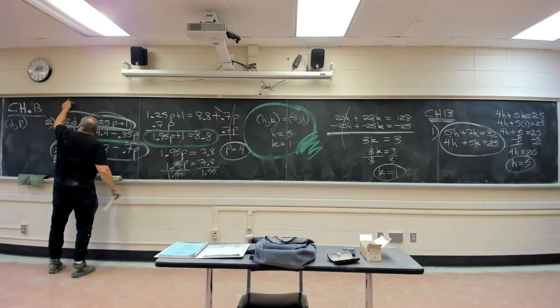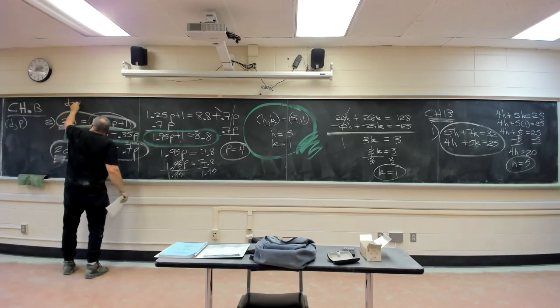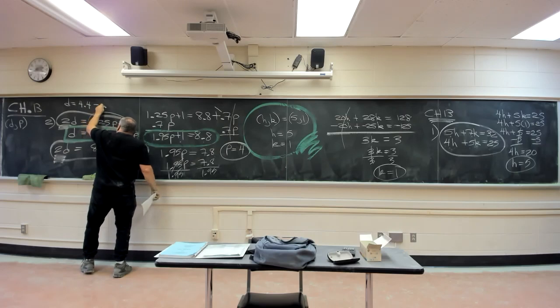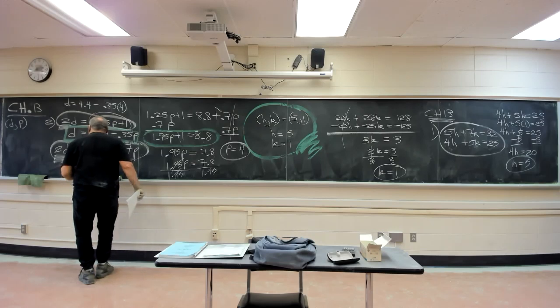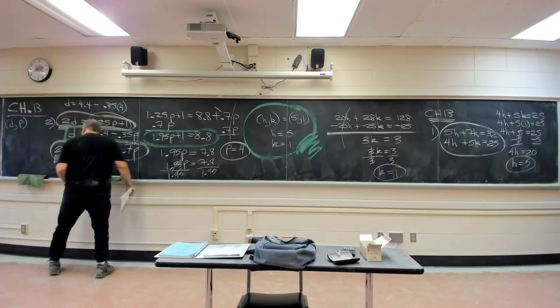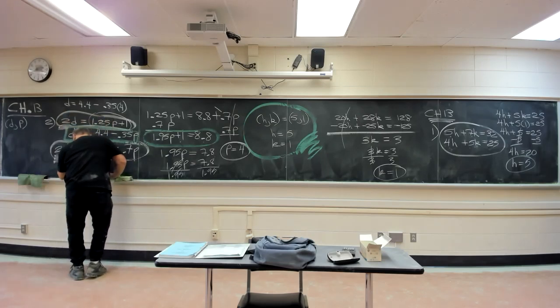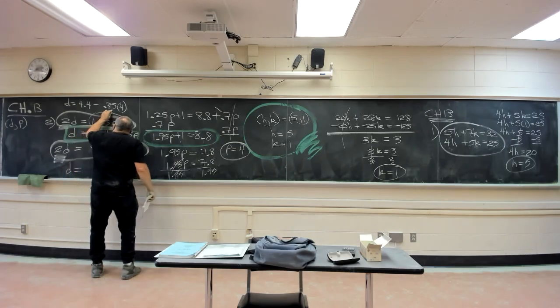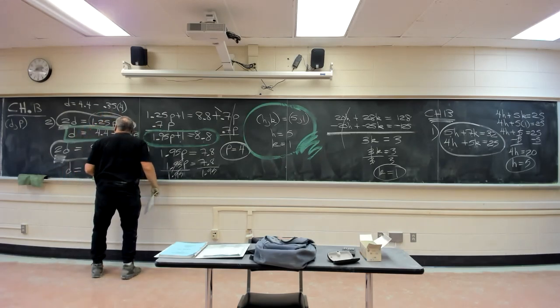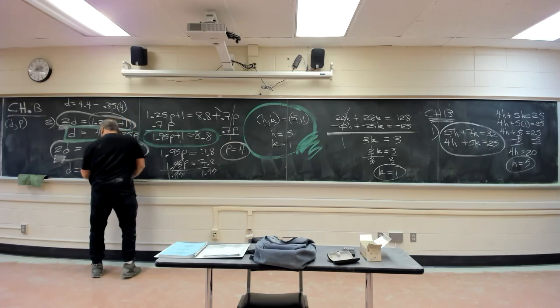D is going to be equal to 4.4 minus 0.35 times P, which is 4. 0.35 times 4 is 1.4.